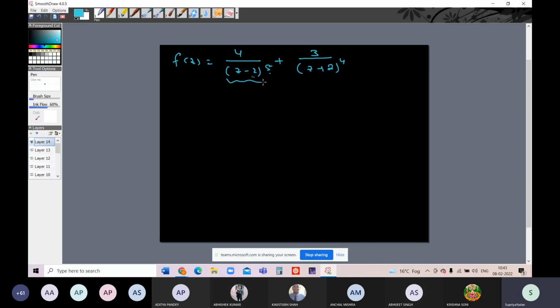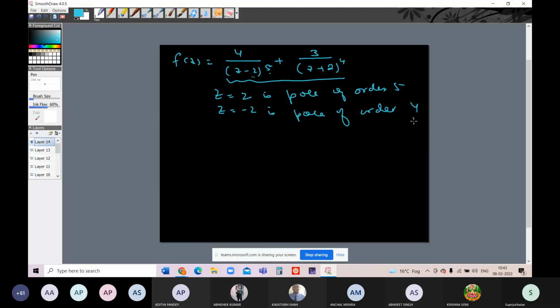You can see this simply from the principal part: here this 5 indicates that z = 2 is a pole of order 5, and z = -2 is a pole of order 4.